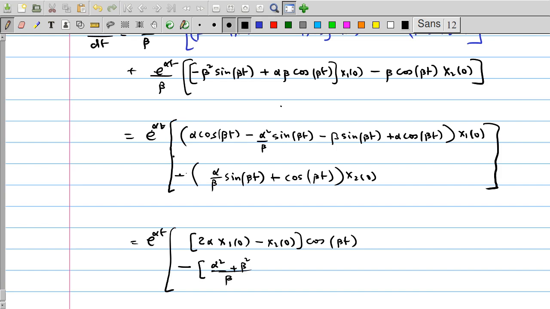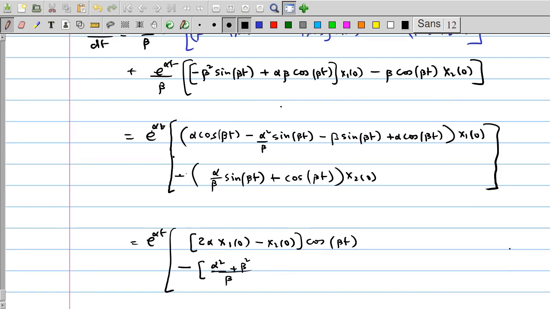Okay, then minus alpha times x1 0. There's a minus alpha from here. And then what's the other one? Minus x2 times alpha, no, that's a plus. Plus x2 0 over alpha over beta.